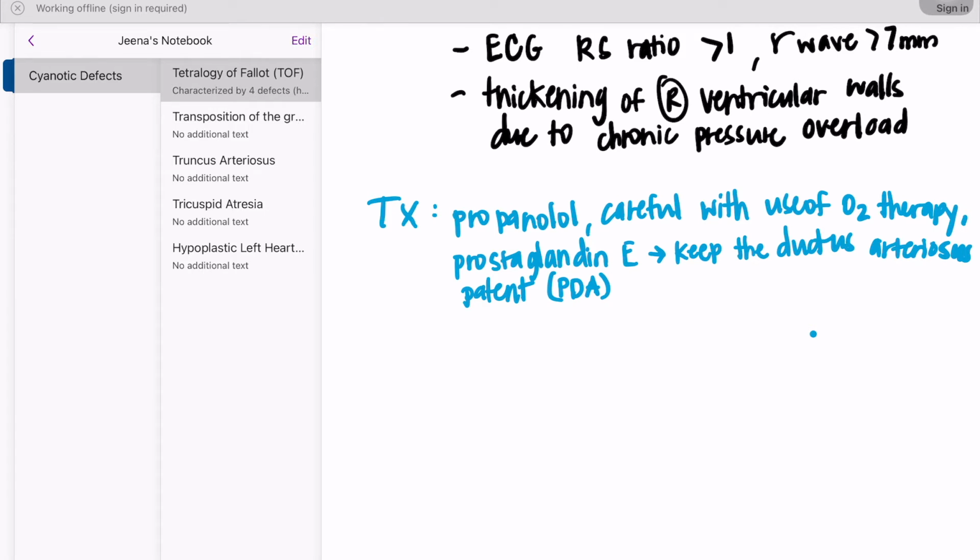Then when it comes to the surgery, note that there's a name for a procedure that they would do. It's called the Blalock-Taussig shunt.